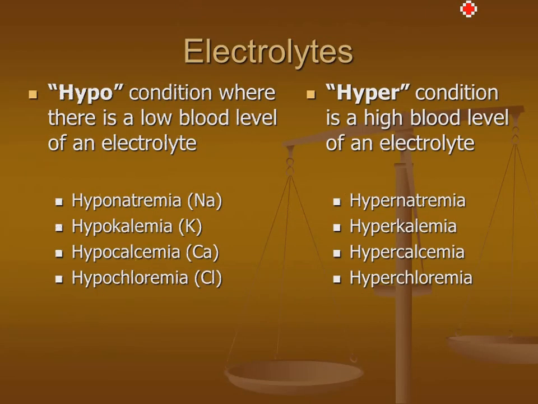Sounds like fun. As you know, if you've taken med term, hypo is a prefix for a low level, hyper for an elevated level. So again, I might ask you, okay, your patient's potassium is 5.6. How would you classify that? It's hyperkalemia.